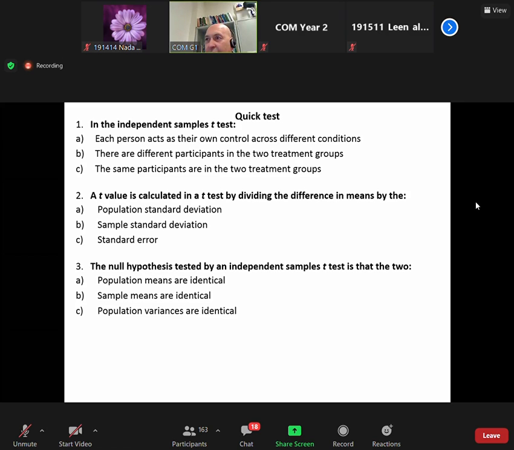Okay, only one correct. A is the right answer here. We are testing population means. The reason you got tricked is that we use the sample means to do the analysis, but we are making an inference about the population means.